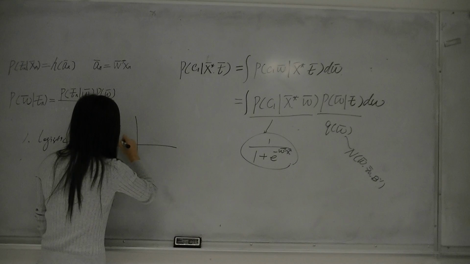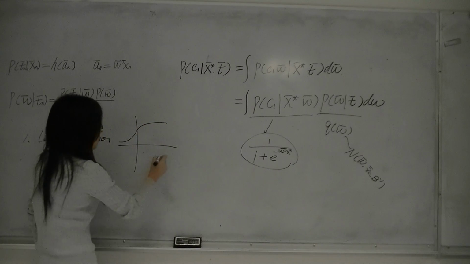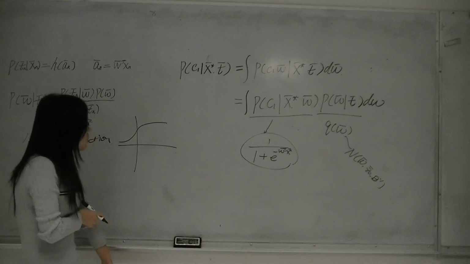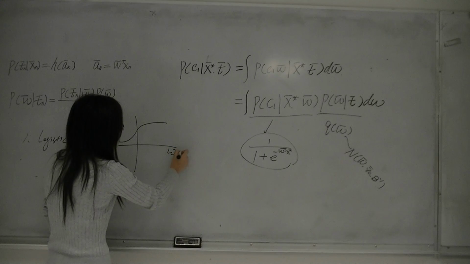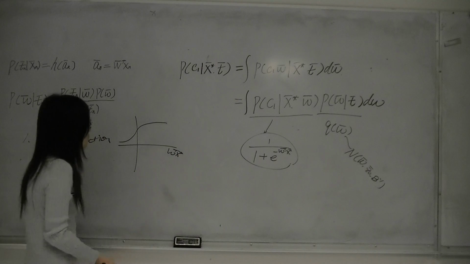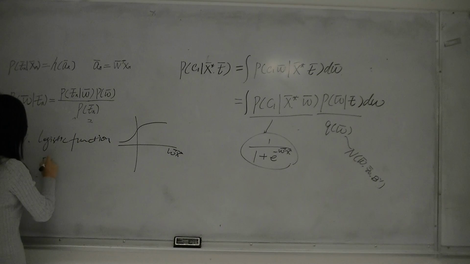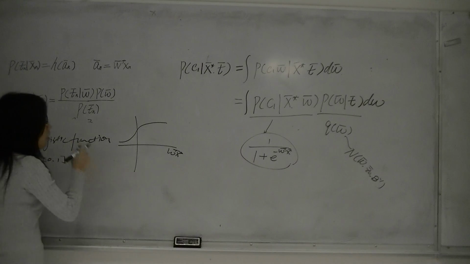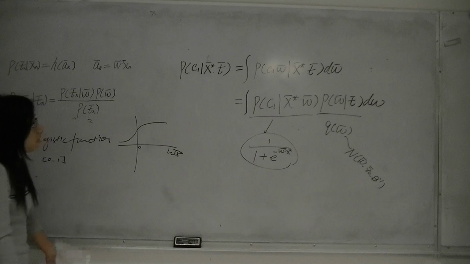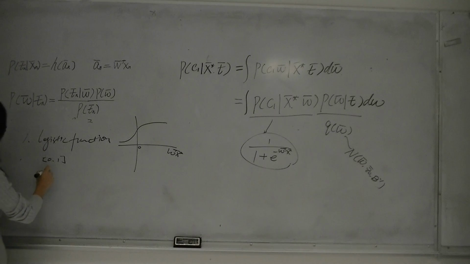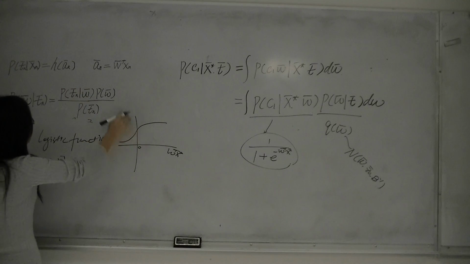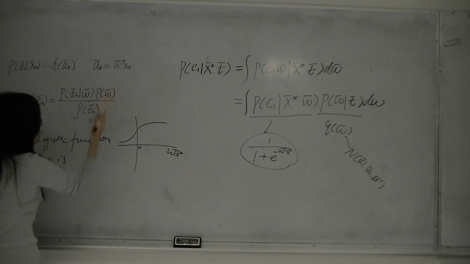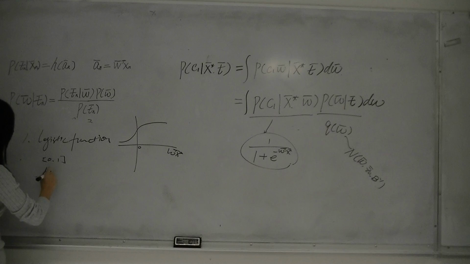The shape of the logistic function is such that the value is bounded between 0 and 1, and when omega transpose times phi is equal to 0, the logistic function h(a) is equal to 0.5.